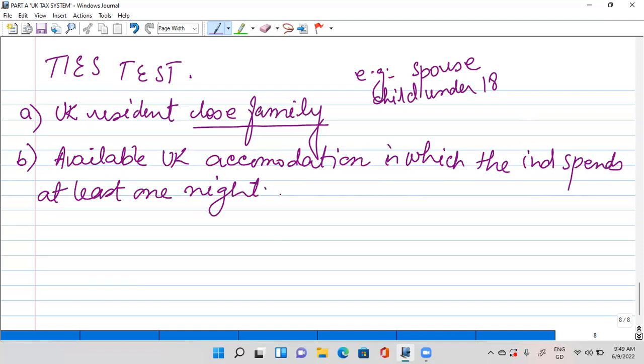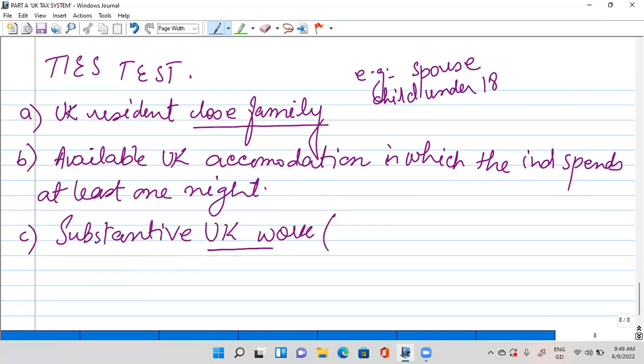During that tax year, a UK home, his accommodation, must be available in which the individual spends at least one night. If he has done so, it means he's meeting the time. The next one says substantive UK work. What does this mean? UK work means a job as well as self-employment. This is the third type.